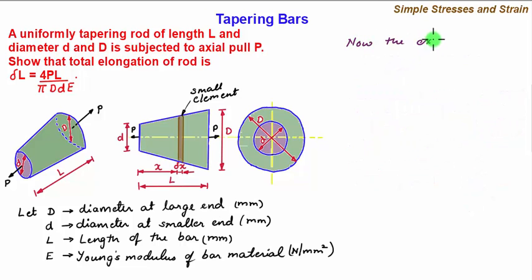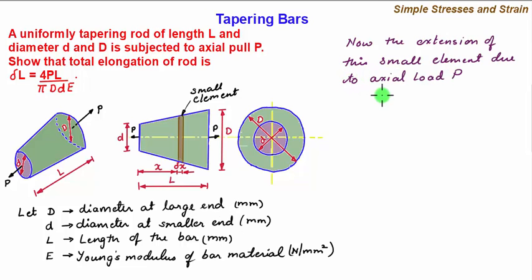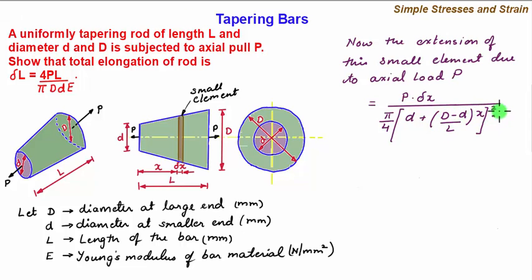Now the extension of the small element due to axial load P is given as P into delta x upon pi by 4 into d square, where d of the small element is given as small d plus capital D minus small d by L into x, the whole square, multiplied by E. Since we know the formula for elongation or extension is delta L equal to PL upon AE, the length of the small element is delta x and the area of the small element is pi by 4 into d square.